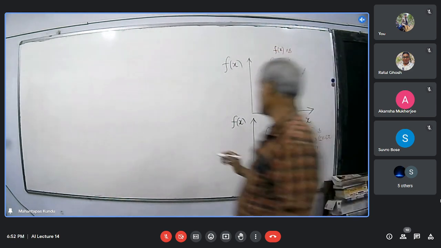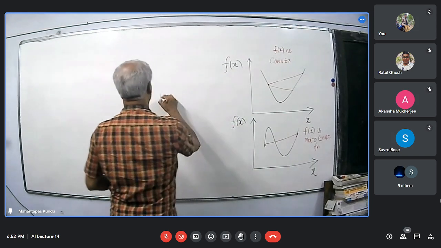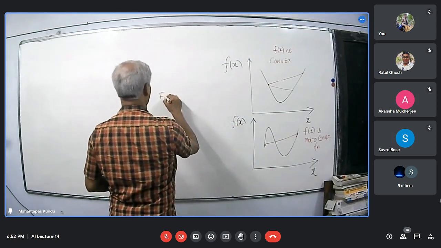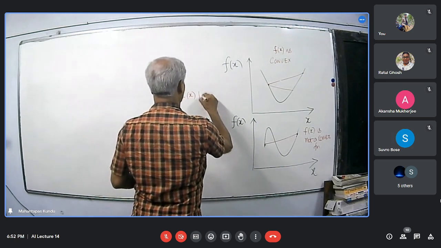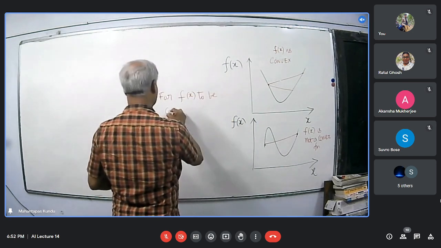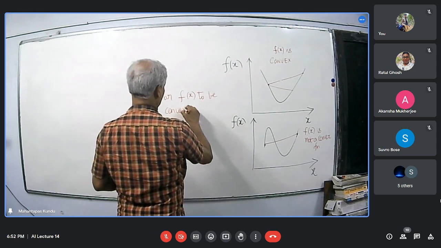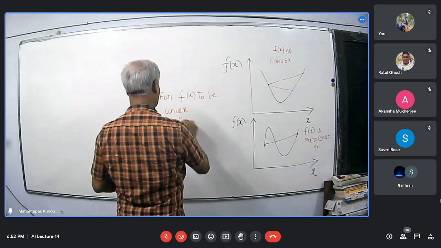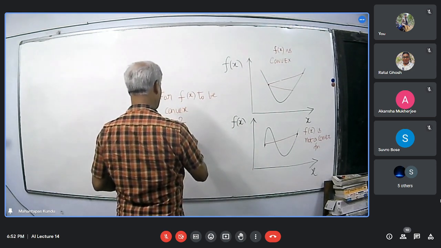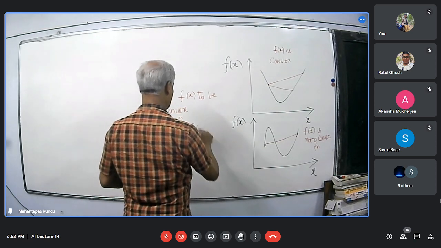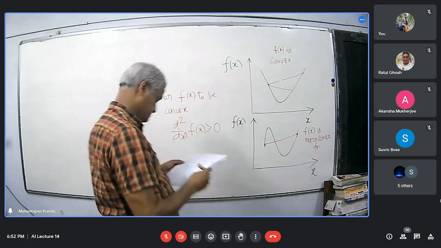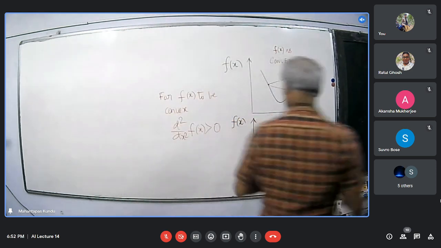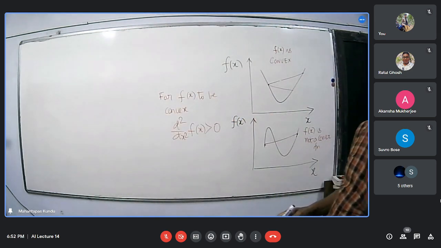And mathematically speaking, for f(x) to be convex, the double derivative should be greater than 0.